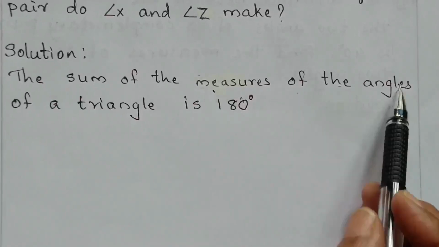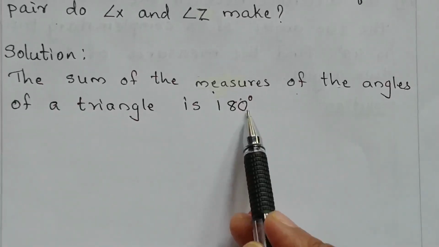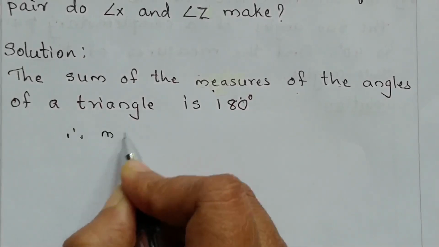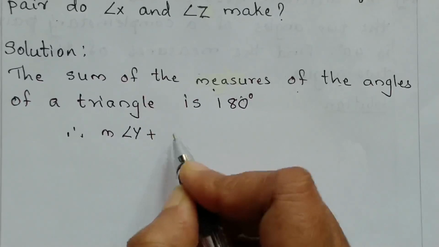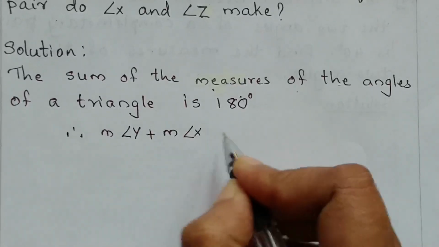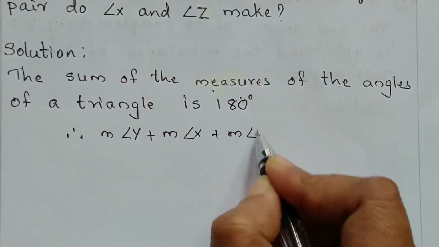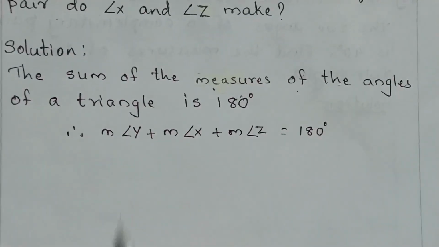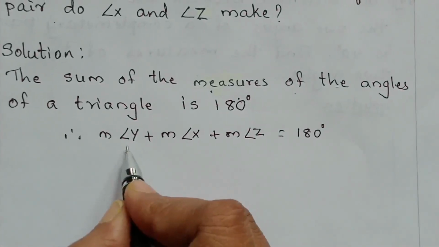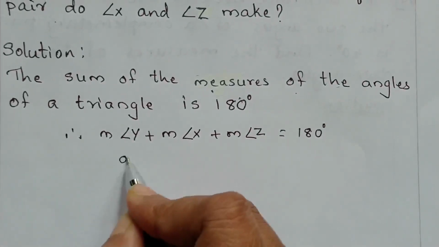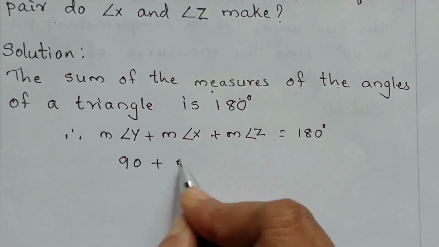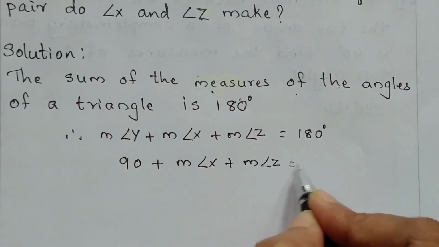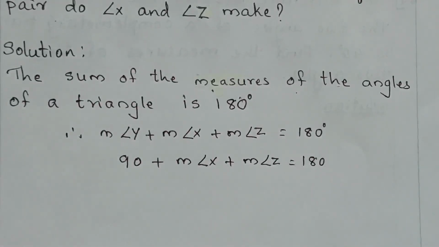The sum of the measures of the angles of a triangle is 180. Therefore, we can write measure angle Y plus measure angle X plus measure angle Z is equal to 180 degree. Measure angle Y is given as 90 degree. So you can write 90 plus measure angle X plus measure angle Z is equal to 180.